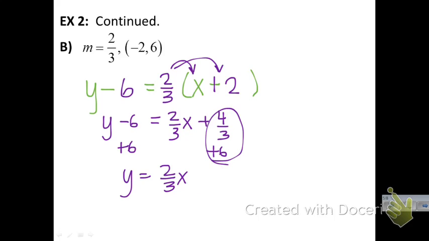So what we can do is we can convert the 4/3 to 1 1/3 and add the 6 to get 7 1/3. Or you could convert the 6 to become 18/3 and then add those to get 22/3. So you can either have the mixed number or the improper fraction as your answer. I accept both.